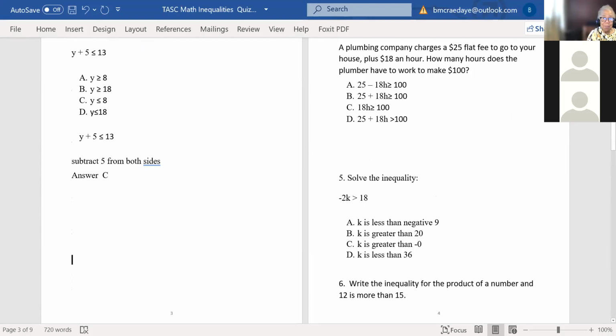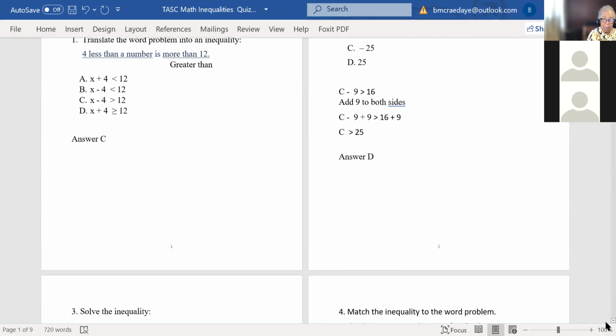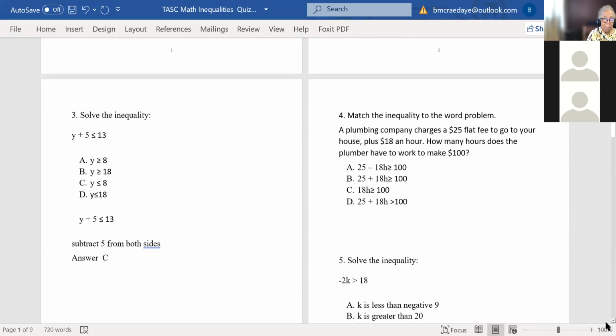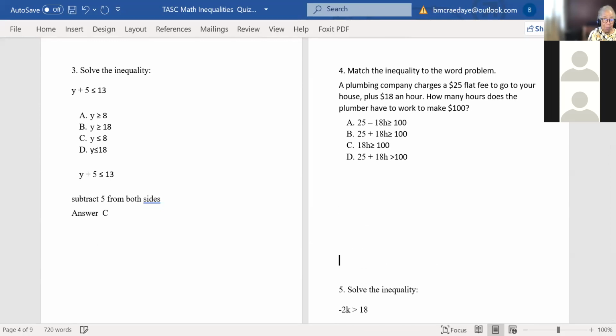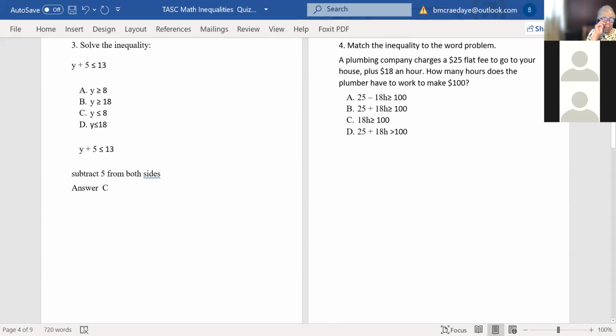A plumber. Match the inequality to the word problem. The plumber charges a flat fee to come to your house, and then $18 an hour. How many hours does the plumber have to work to make $100? Okay. We've got a variable cost plus a fixed cost.